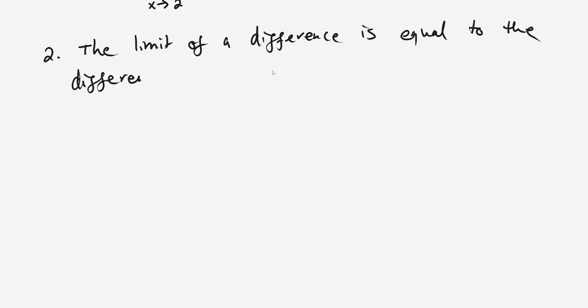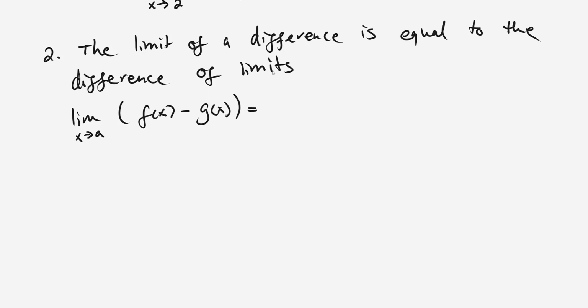So again, we're assuming that the limits exist, right? That we have L1 and L2. And in that case, what we're saying is the limit as x goes to a of f of x minus g of x equals the limit as x goes to a of f of x minus the limit of g of x as we take x to a.